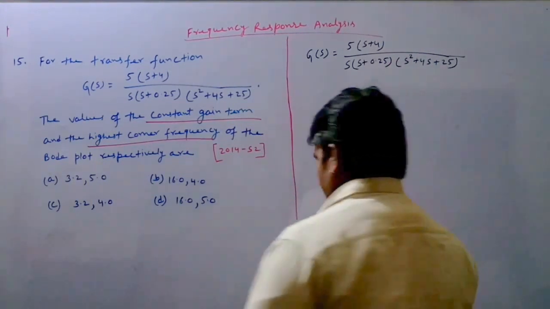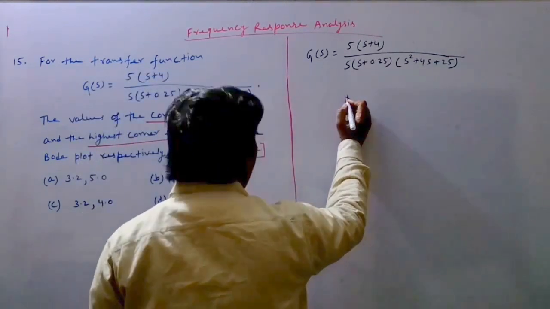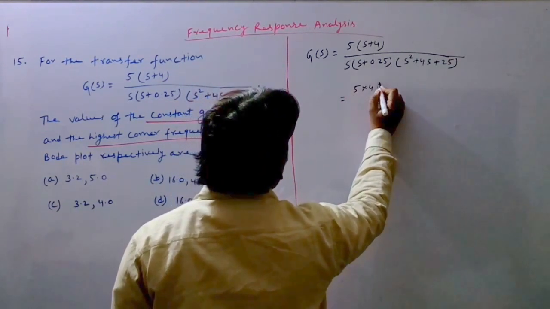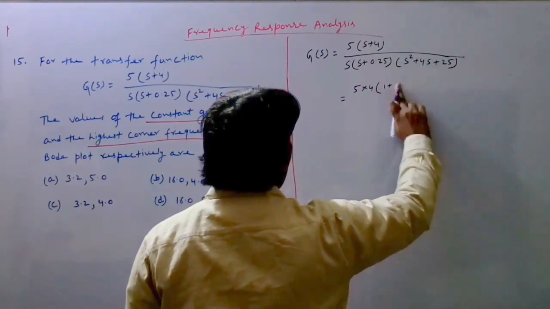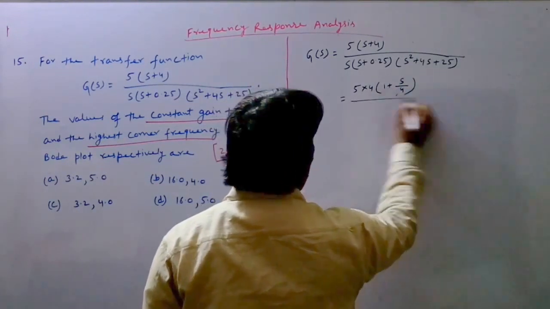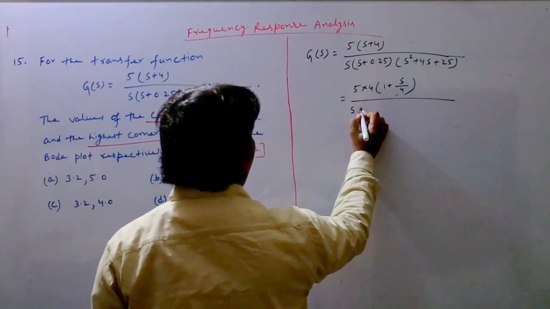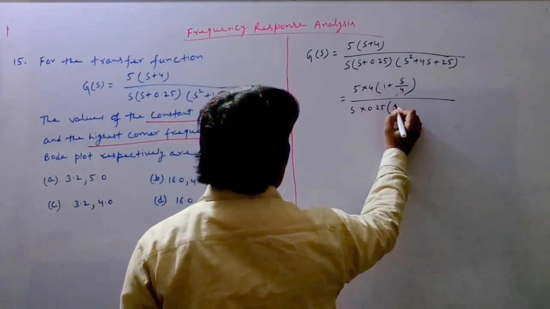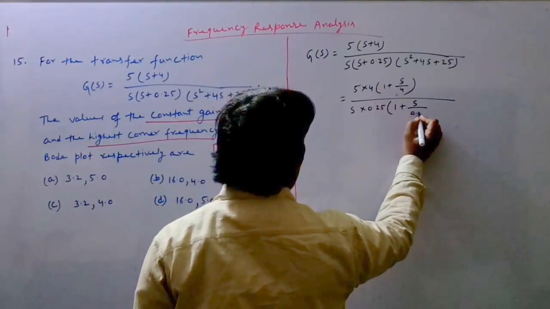So the term will be 5 multiplied by 4, and it will be 1 plus s by 4 divided by s, and if we take 0.25 common here, it will be 0.25 multiplied by 1 plus s by 0.25.